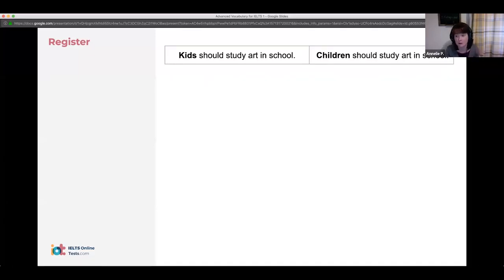There is no instance where you would be using informal writing. If you're doing the general training module, task 1 letter, you might get an informal letter. And in that case, you would need to use informal language.